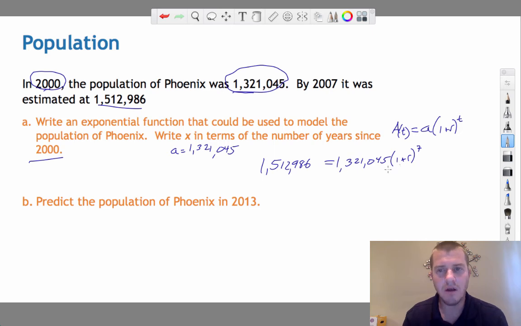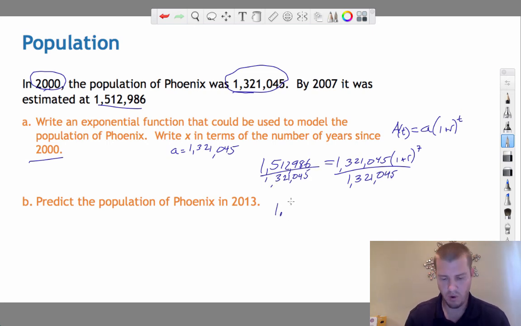To solve for that variable, I have to do my order of operations, working backwards. Because this R is in the parentheses that are being raised to the 7th, I have to get rid of the A part first. So I'm going to divide by the 1,321,000 number, and that becomes 1.145 and so forth. Leave that number in the calculator, and that's now equal to 1 plus R raised to the 7th.